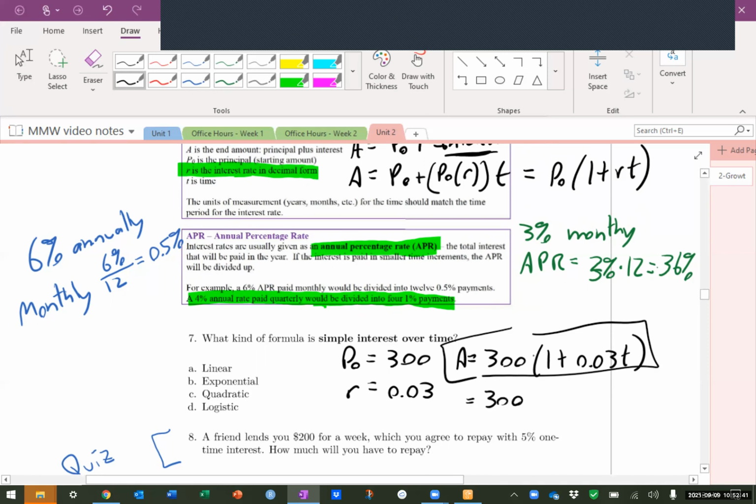But if you multiply it out, 300 times 0.03 was $9 interest per month. Notice this is mx plus b. It's a linear equation. 9 is your slope, b is your intercept, and t is your independent variable.